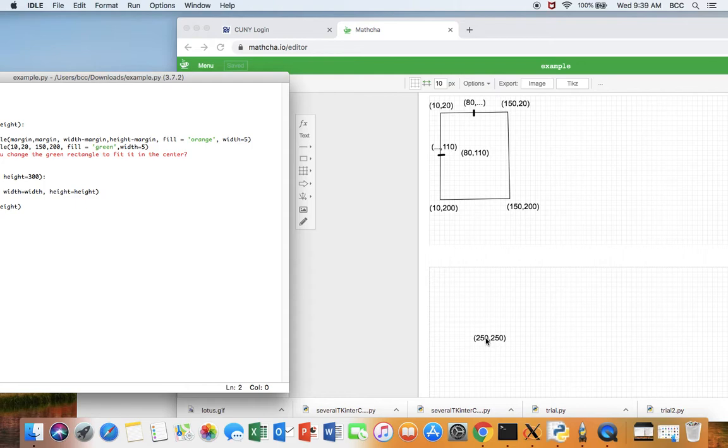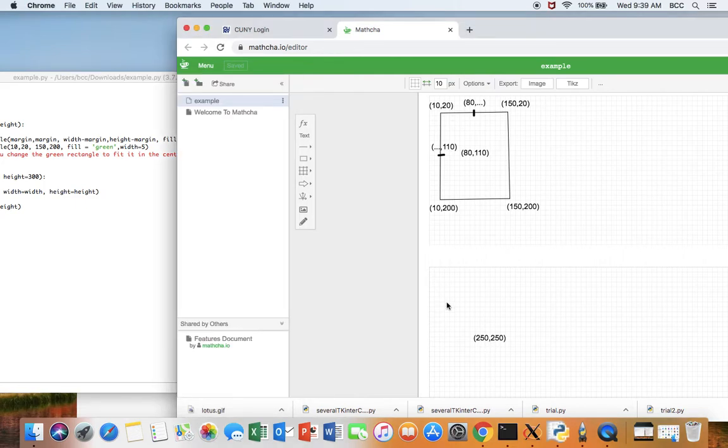So from 250, I have to subtract 70 to get the x coordinate here. 250 minus 70 is 180. So I'll place the x coordinate at 180. All right.